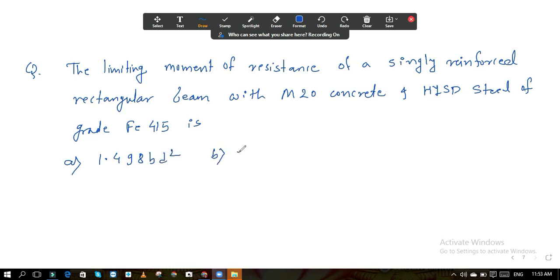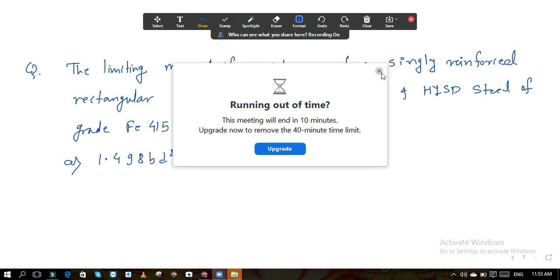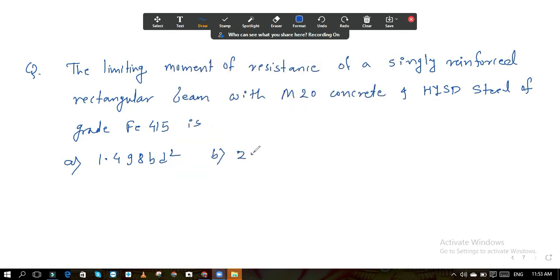Option B, 2.67 BD square. Option C, 2.996 BD square. Option D, 2.776 BD square.